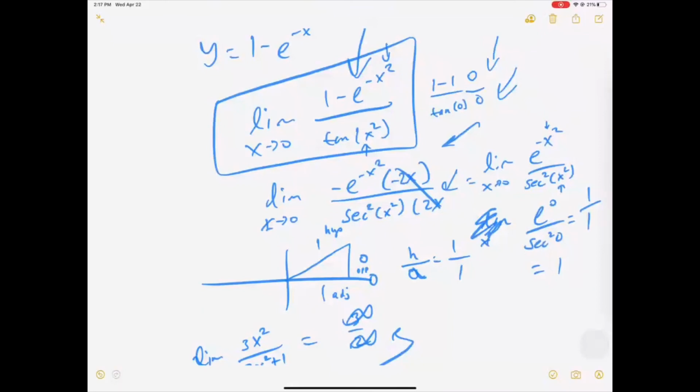So after I did that, we simplify and then try again here. Try it again. You might have forgotten what secant of 0 is. That's a great time to use your calculator, right? If this was a test where they don't care if you use a calculator or not, just do it. And that's going to be 1.